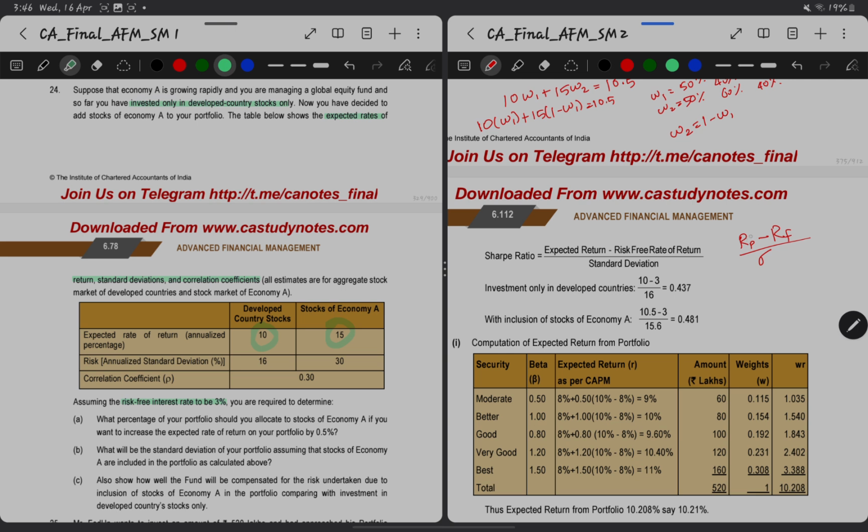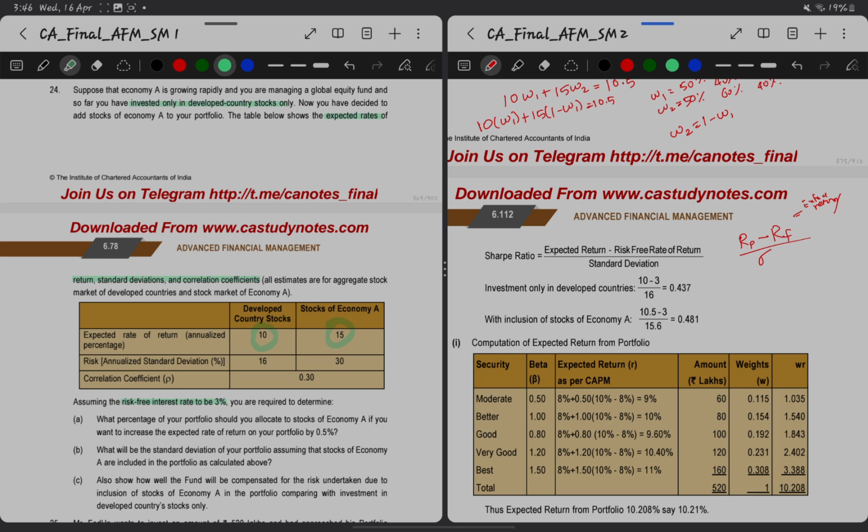So the expected return of portfolio minus risk-free return will give us the extra return which we are earning, and dividing it by the standard deviation will give us the per rupee risk return. So for every 1 unit of risk, how much is the extra return we are earning from the portfolio compared to the risk-free rate.